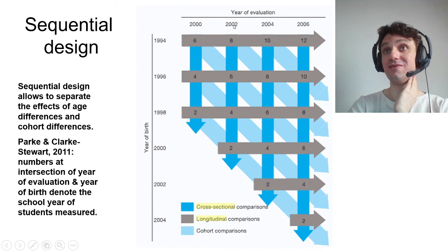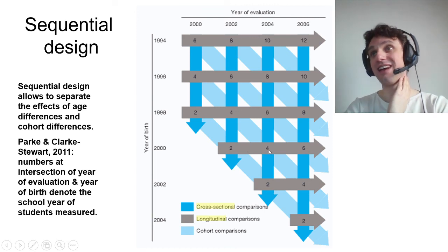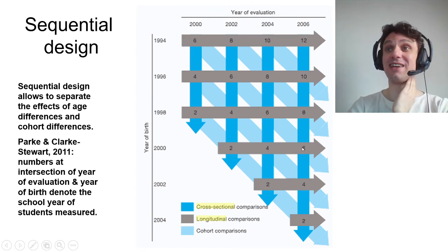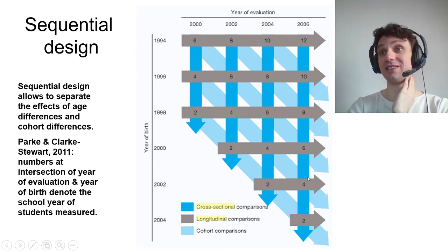In 2002, they added another group of children in the 2nd grade who just came to school. And they continued following the previous 3 cohorts, which were now 2 years older. And then in the year 2004 and 2006, they did the same thing. They continued to add new younger group, and they continued to monitor all the previous cohorts.